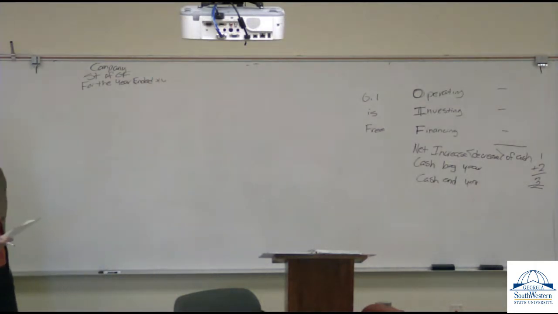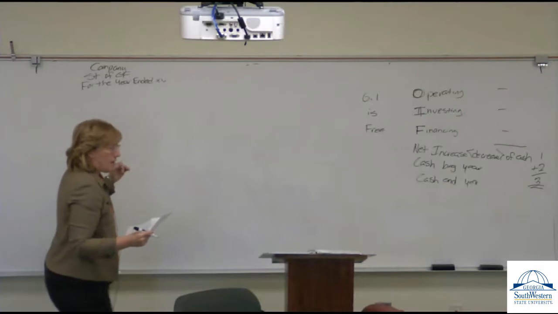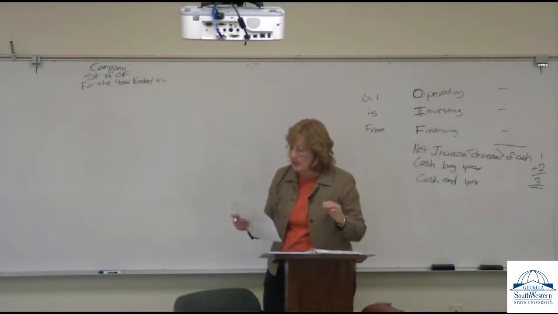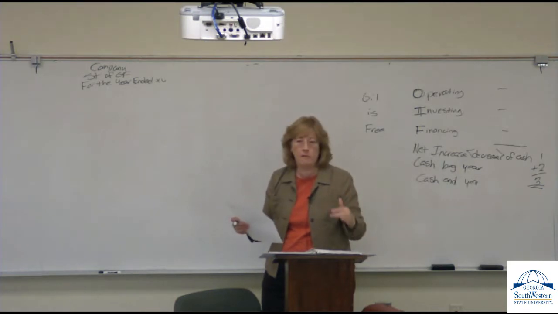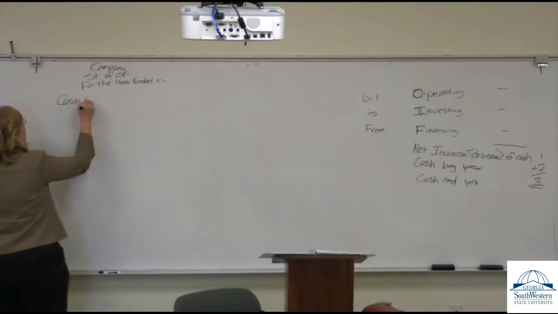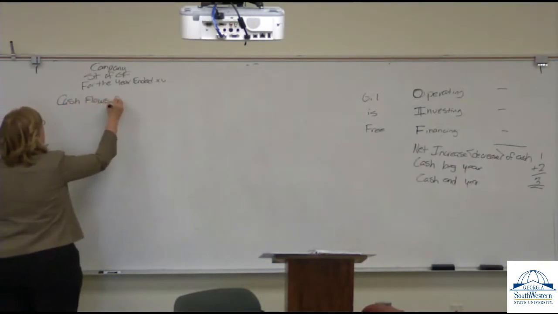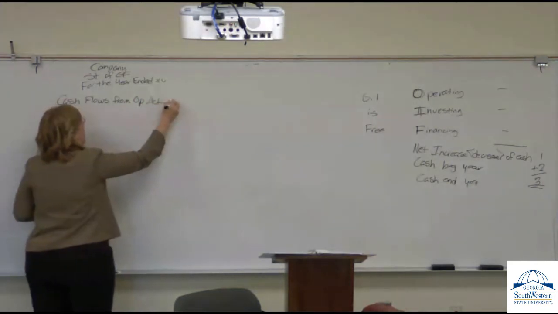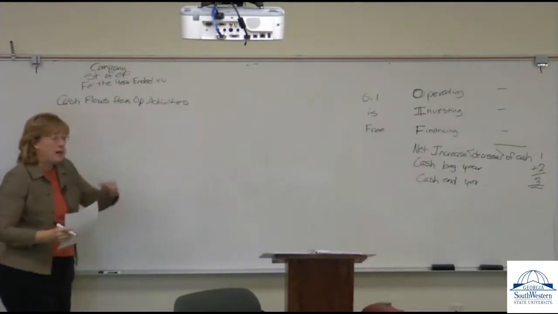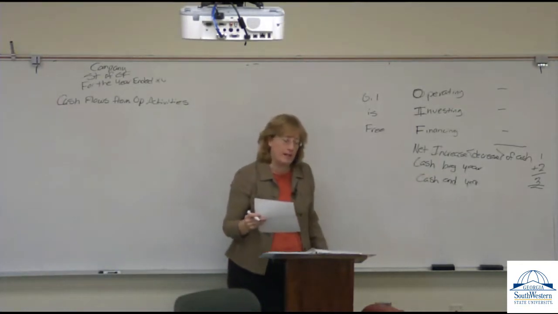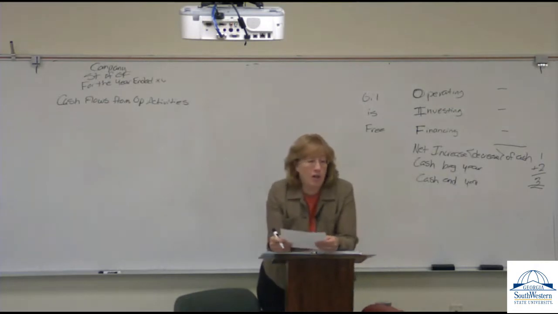And then the first thing, as you see on page 229, is cash flows from operating activities. That's the first section. Now we're going to have a whole big section of what goes in this cash flows from operating activities, which is kind of the hardest section to come to grips with, okay?